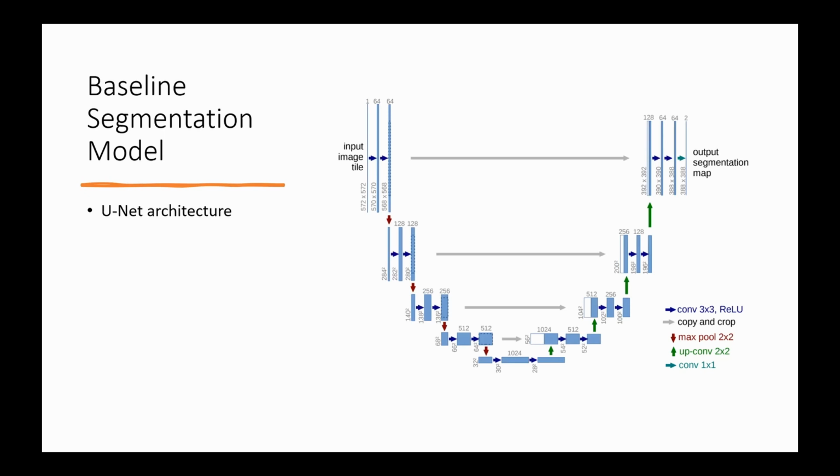And we have an input image, and then the output would be the segmentation map. So simply some convolution layers stacked on each other with a bottleneck in the middle and then the decoder. So, a very famous architecture.